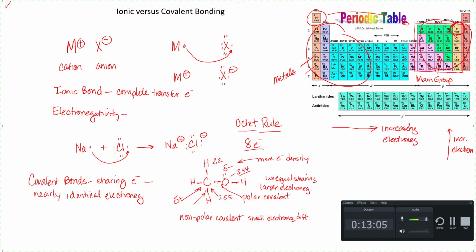Since we're looking at main group elements, we're either going to be looking at polar covalent or nonpolar covalent bonds. And it's relatively easy to make a definition here of polar covalent versus nonpolar covalent. So let me go to the next slide and give you a qualitative rule that we're going to use.